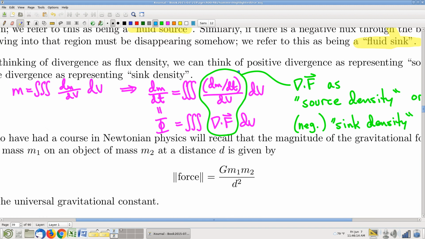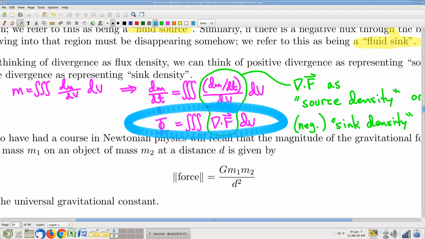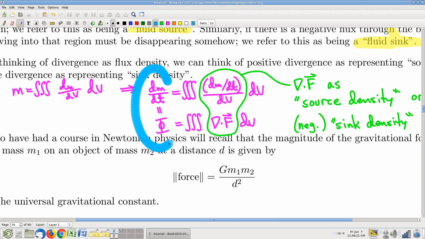So again, you look at this equation as written here, compared to Gauss's divergence theorem. Flux represents the rate that mass is flowing out of the region. Therefore, flux represents the rate that new mass must be being introduced into that region. And those being equal suggests a different interpretation, in this different physical scenario, of divergence.